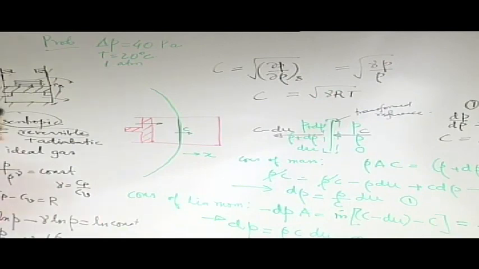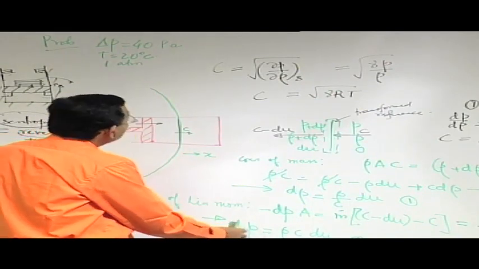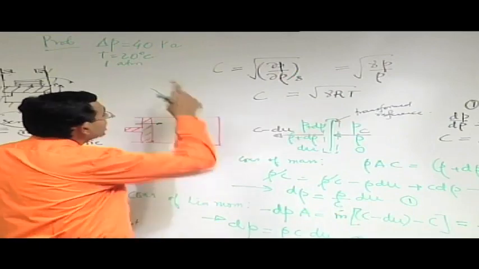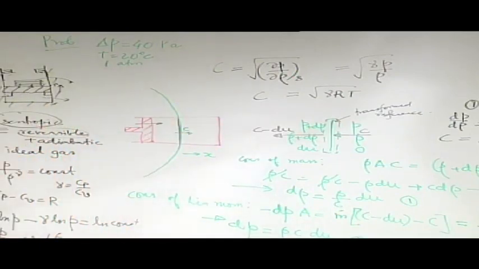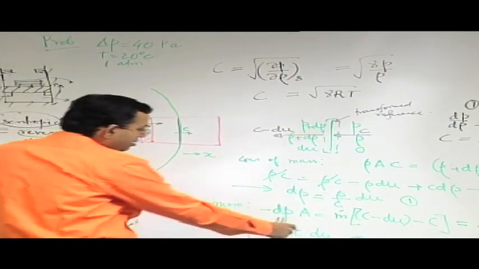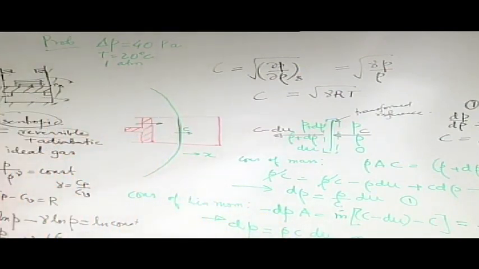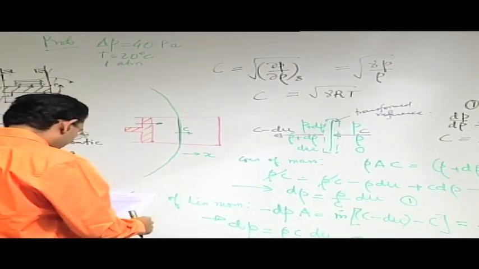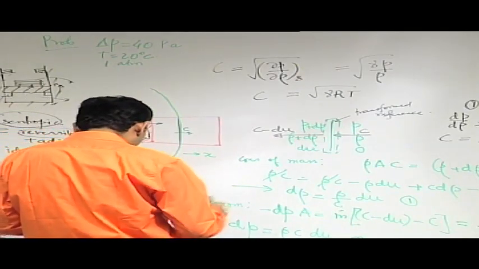So you have dP that is given, that is delta P 40 Pascal. So from here you have to find out what is delta U. The rho of the medium you can find out given the temperature and the pressure as 1 atmosphere, you can use the ideal gas equation to find out the density. Okay. So let me give you the answer so that you may verify this, but it is a straightforward use of this one.